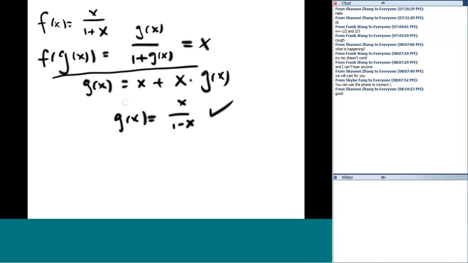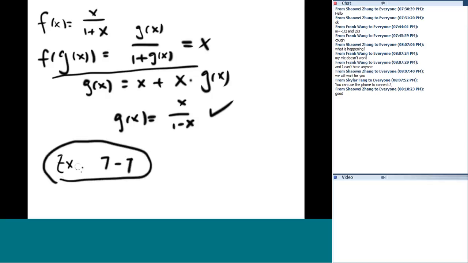So now the exercise 7-1. Do you still remember the solution? Do we even need to remember it? Can we just do this in our head? X cubed.